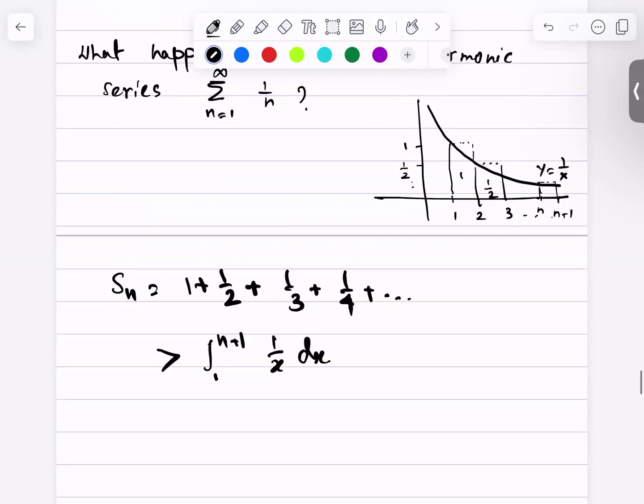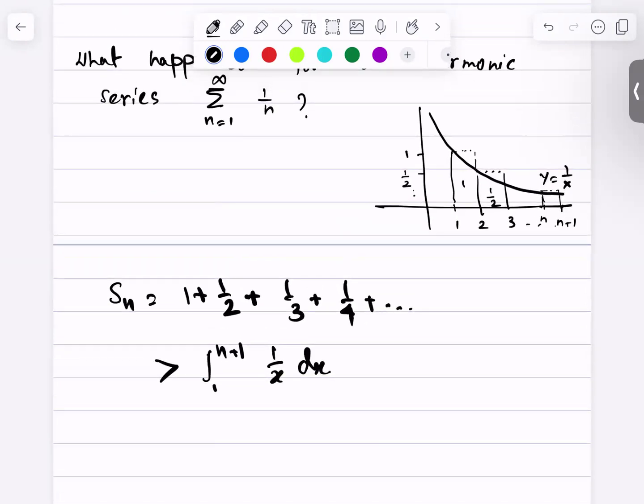How? Again, look back at the graph of y equal to 1 over x and then consider the rectangles. Now, what is 1 plus 1 over 2 plus 1 over 3? The area of this rectangle having height and width 1 will represent this number.